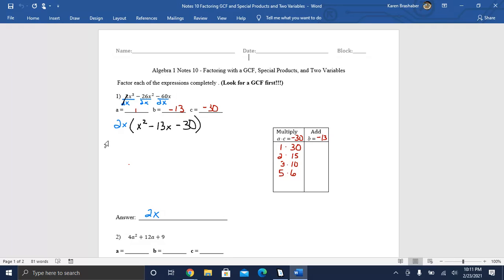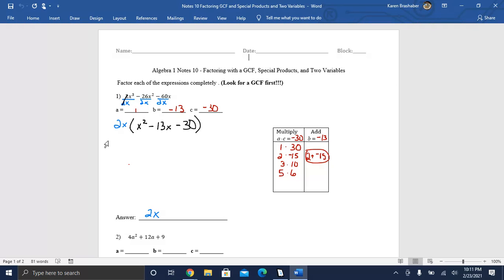So you have to pay attention to the fact that you need a negative 30 and a negative 13, meaning that the signs are going to need to be different, and the candidate that works with that is 2 and negative 15. So 2 plus negative 15 will give me my negative 13. 2 times my negative 15 will give me negative 30. So this is the pair that I want to use.